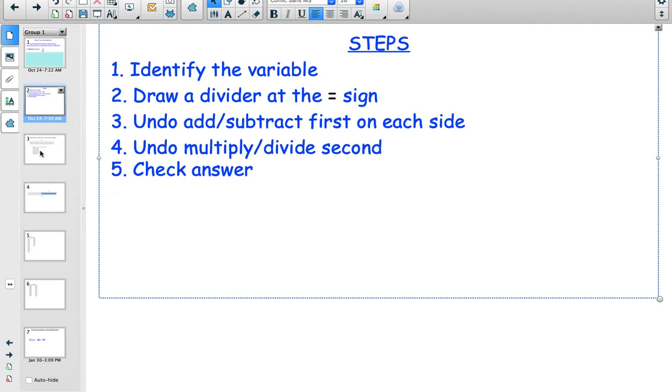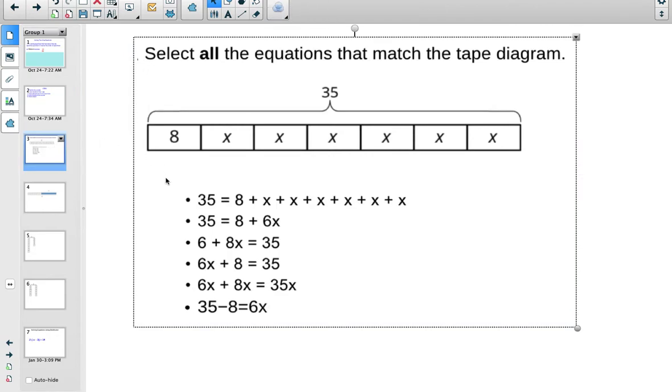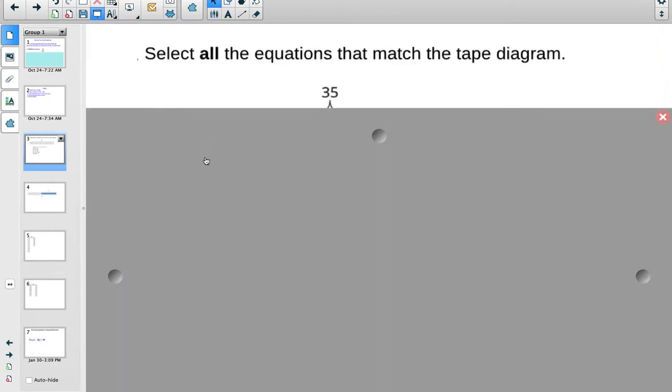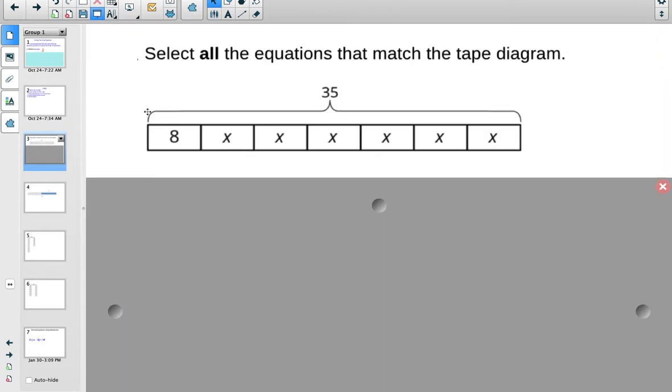Another definition I want you to be familiar with is something called a tape diagram, and that's a visual representation of an equation. So this right here is a tape diagram. Let me cover this up. Reading from left to right, all these boxes together equal 35.